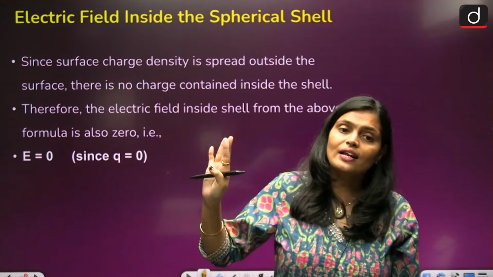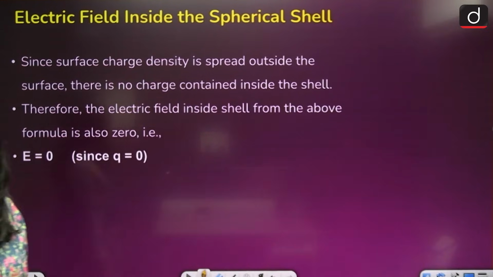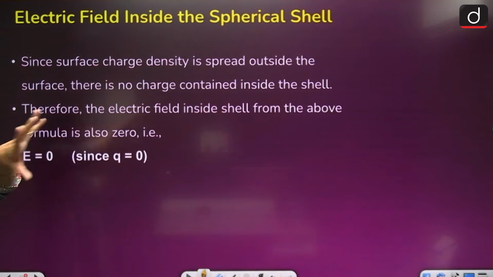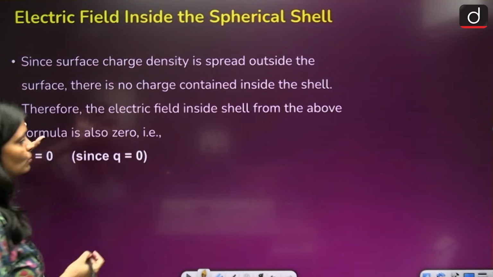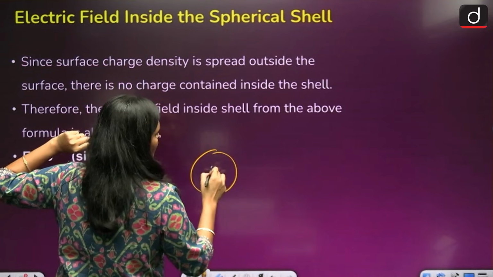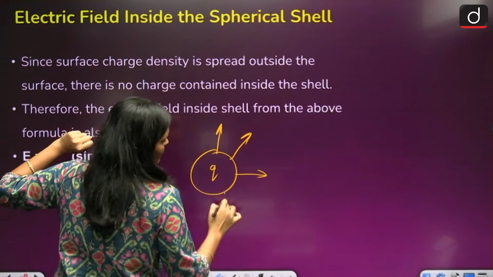Now the electric field inside a shell. How do we find it inside the shell? Since the surface charge density is spread on the outside surface, there is no charge contained inside the shell. Whatever charge you have, due to this you have an electric field outside only.